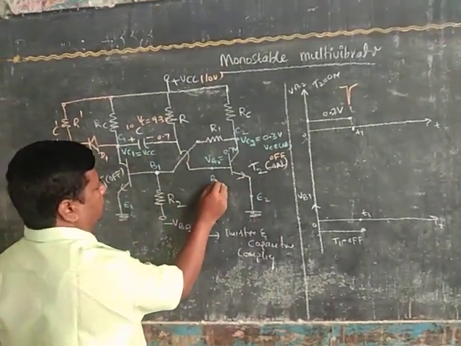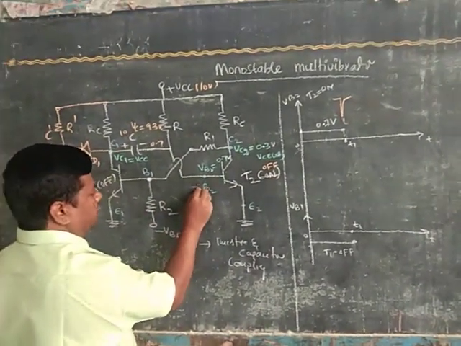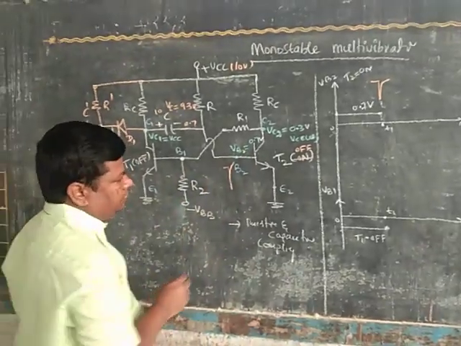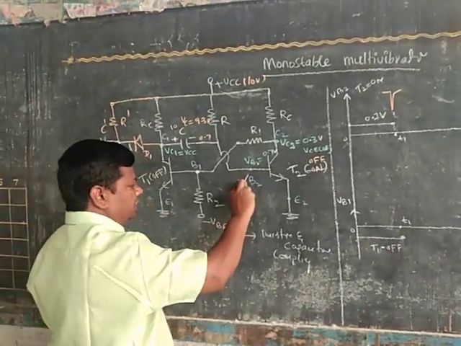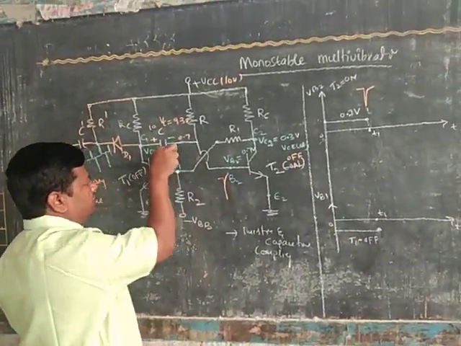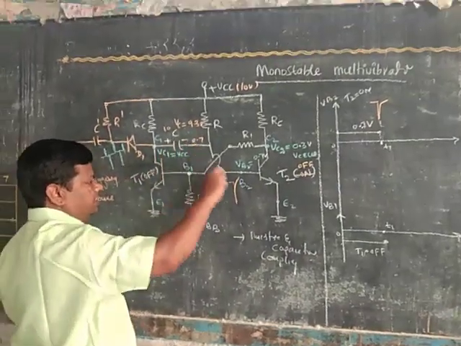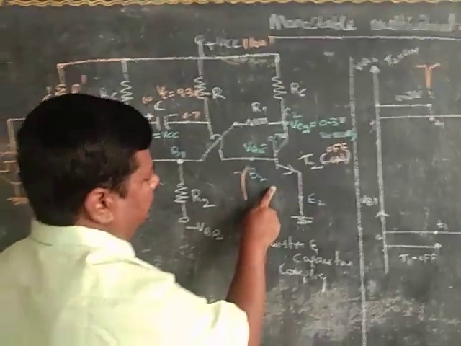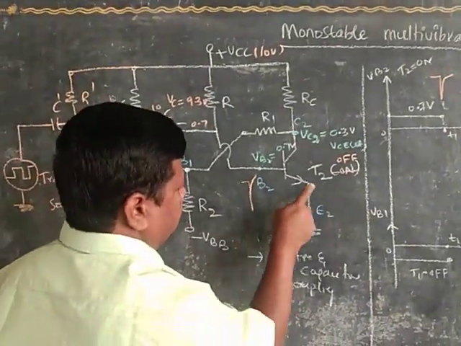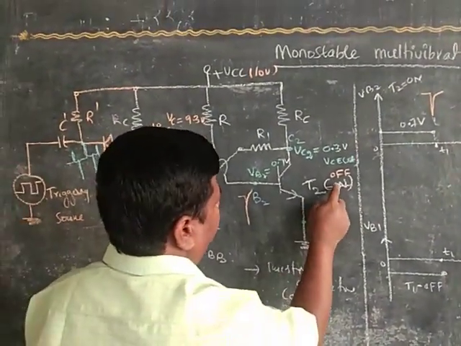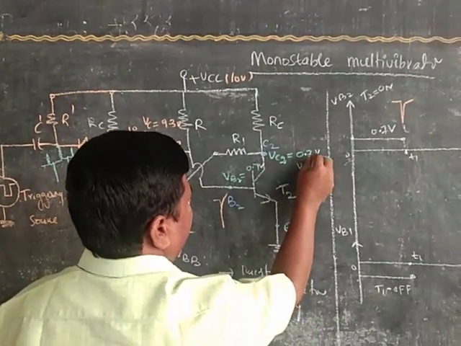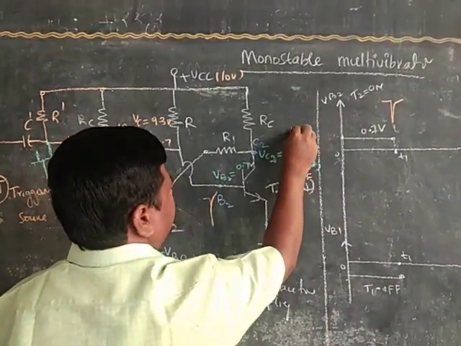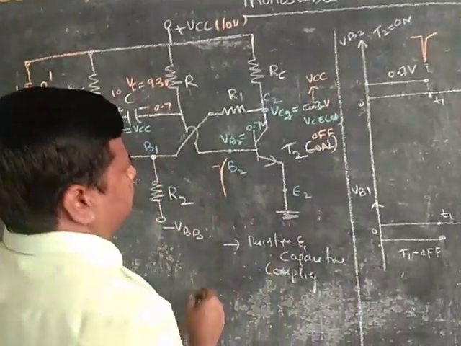A large negative voltage is applied to the base of T2 transistor. Observe here, this is a sudden change. For a sudden change, the capacitor acts as a short circuit. That's why the same voltage appears at the base of the T2 transistor. T2 immediately enters into off. Whenever T2 is off, its collector voltage immediately rises to VCC.